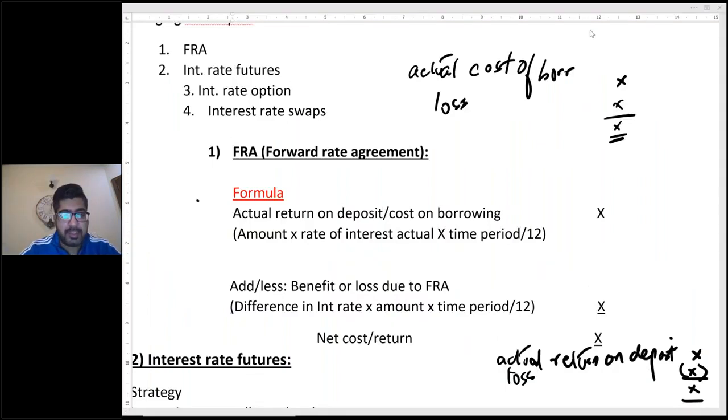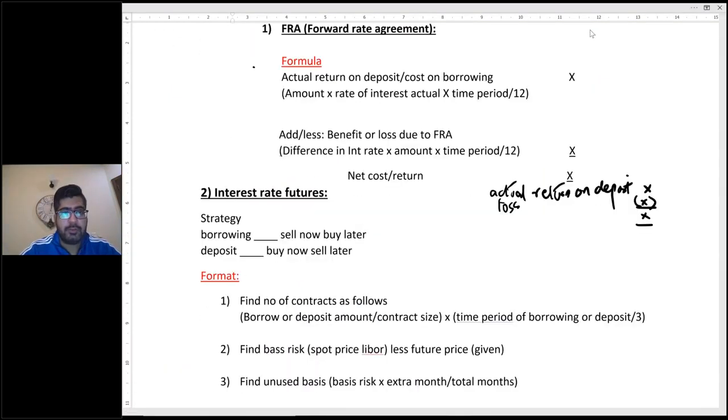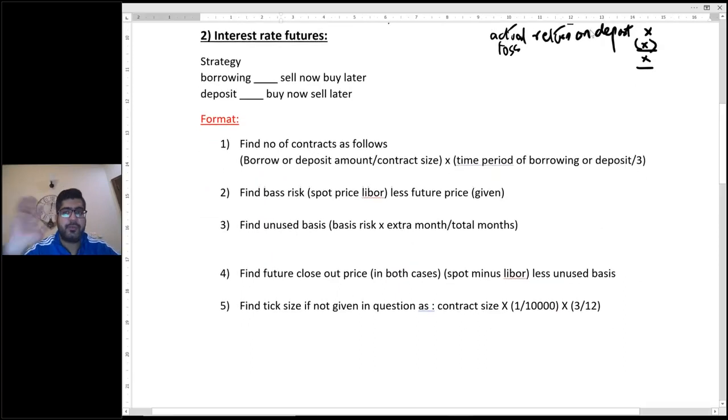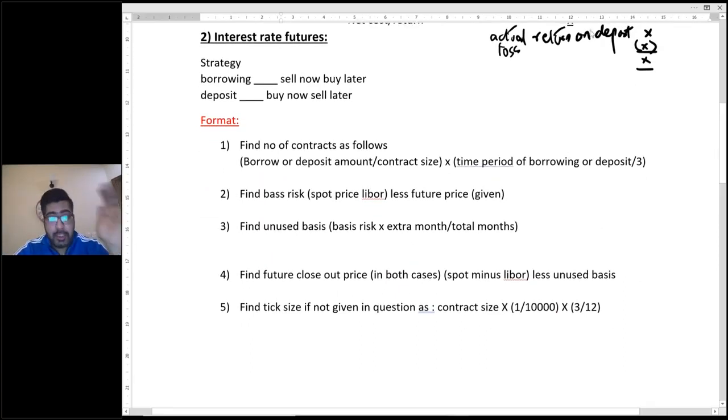Let's move to the second technique, which is called interest rate futures, okay? Now, interest rate futures has historically proved to be one of those techniques which always create problems for students.